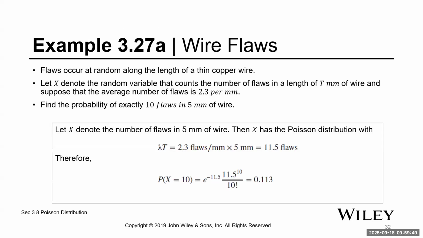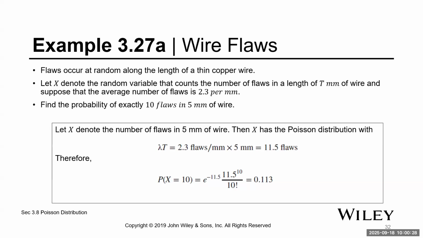So we see that we have a length of wire, and we have an average number of flaws equal to 2.3 per millimeter. So find the probability of exactly 10 flaws in 5 millimeters of wire. Well, I'm looking over a specific length of something. And so I have a physical length, millimeters, and my lambda t, the rate at which something happens, is 2.3 flaws per millimeter. I'm looking over a stretch of 5 millimeters of wire.